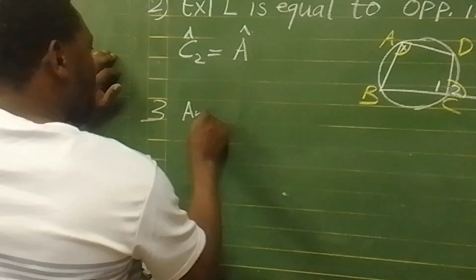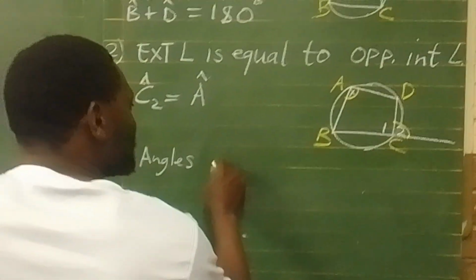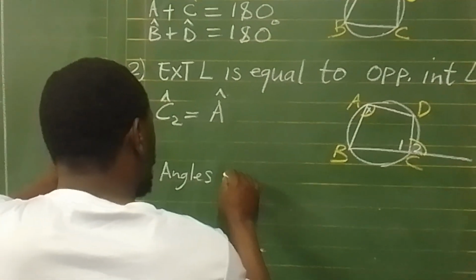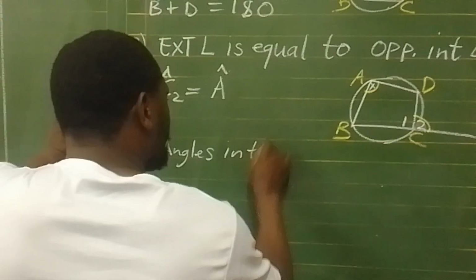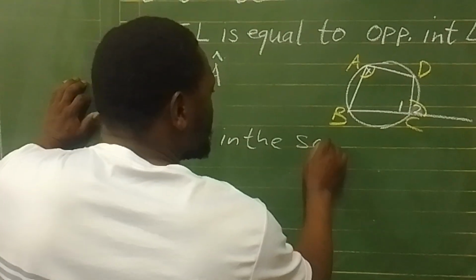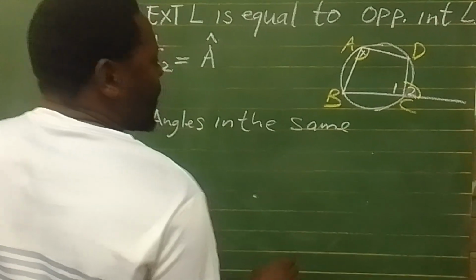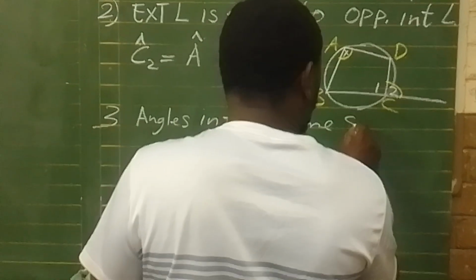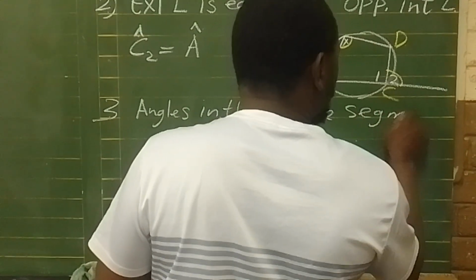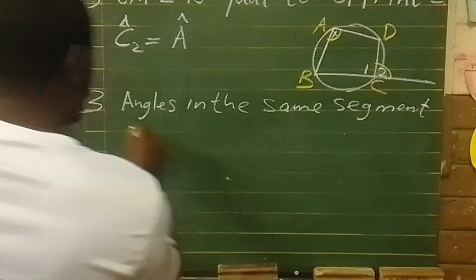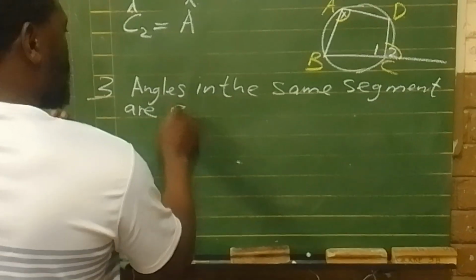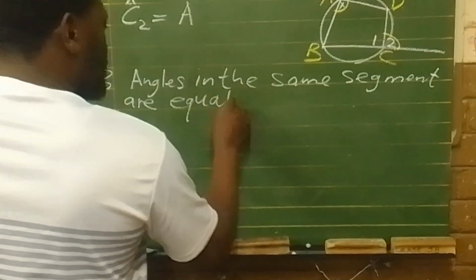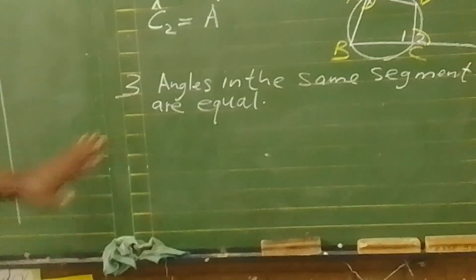The third condition says that angles in the same segment are equal. This is the butterfly theorem.